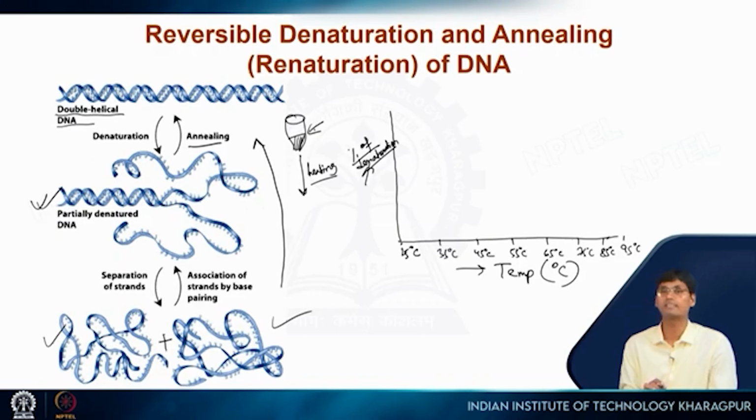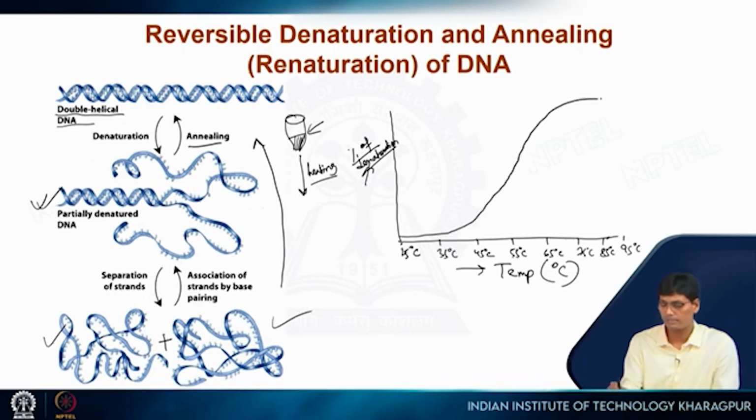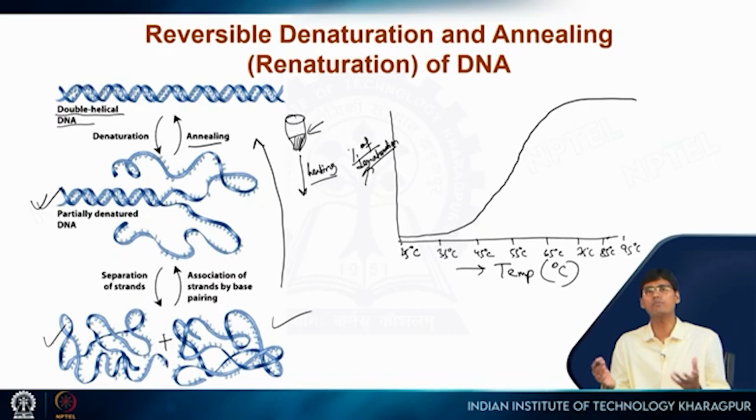Now, I am taking this double-stranded DNA sample in this tube, and if I increase the temperature, what will happen? What will be the stage of denaturation? You will see something like this curve. This is because at the beginning, at very low temperature like 25, 35, 45 degree, nothing will happen. DNA will not be denatured because at that temperature, hydrogen bonds will not be broken. But at higher temperature, hydrogen bonds will be completely broken.